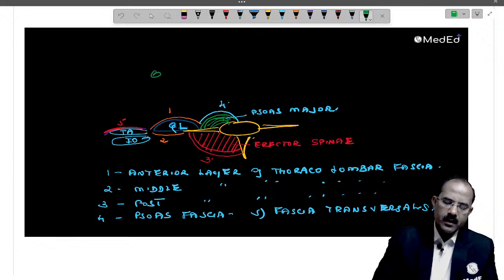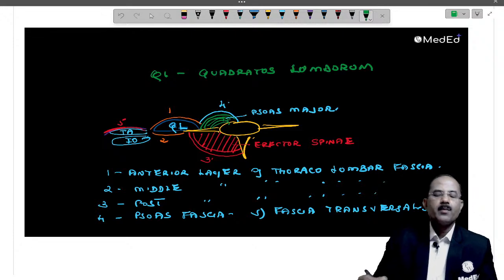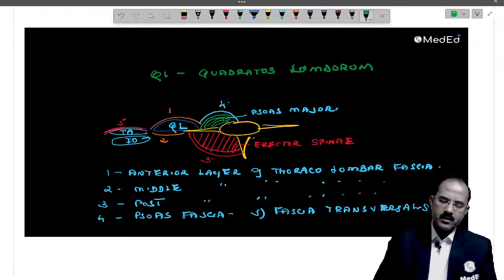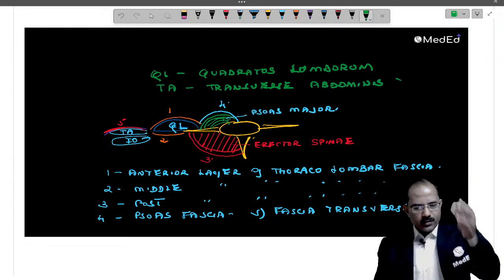What is QL? Quadratus lumborum. QL is the quadratus lumborum muscle. TA is transverse abdominis. And then you've got the internal oblique.